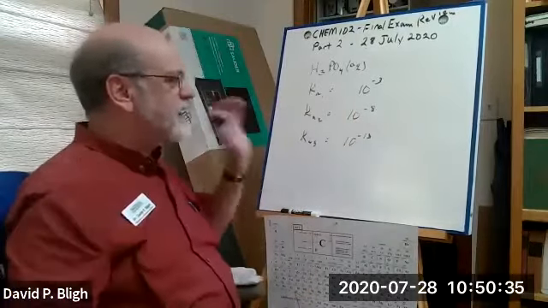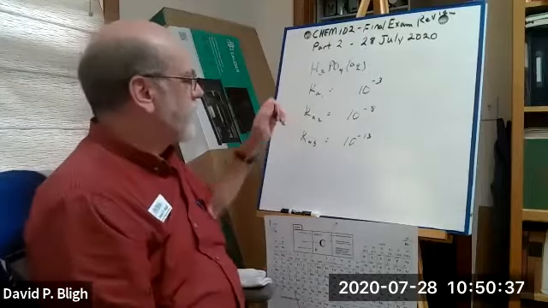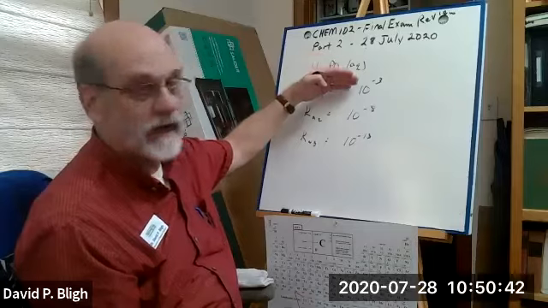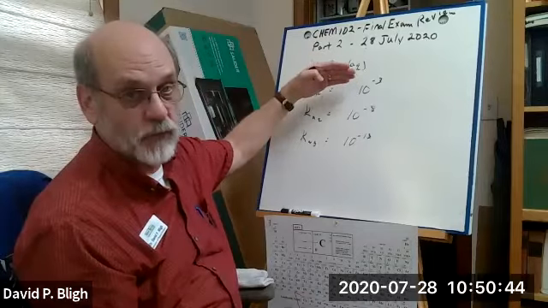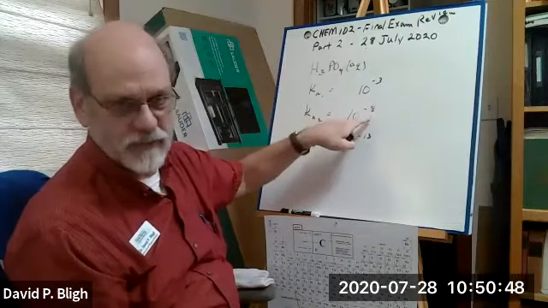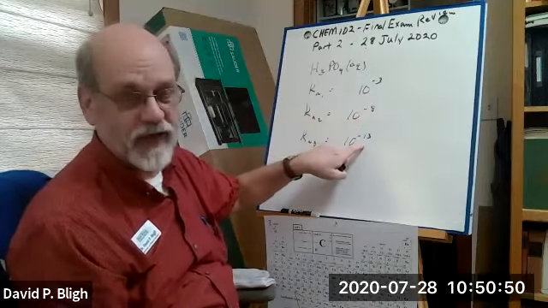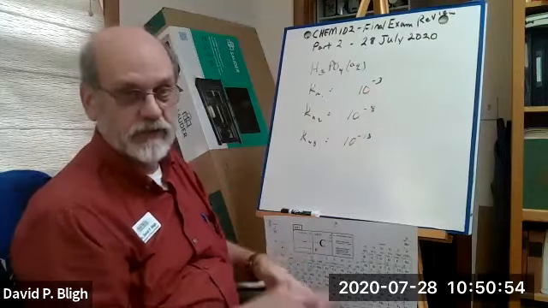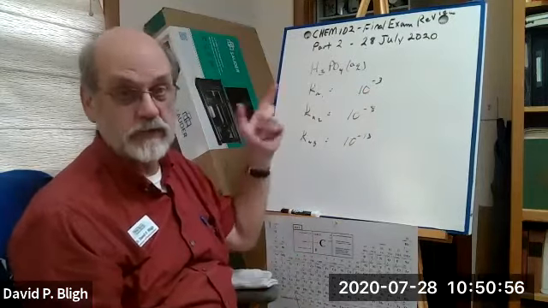All right, what does that mean? That means that this proton is more dissociable than that one, right? By 5 orders of magnitude. And this one is 5 orders of magnitude weaker than that one, right? So the strongest proton of all is the first one.